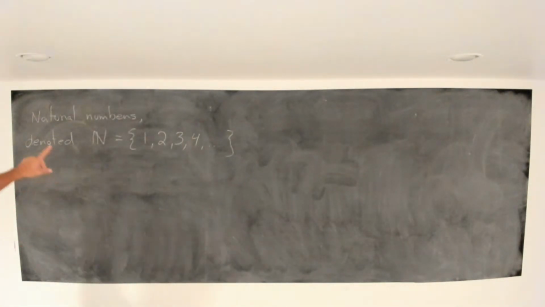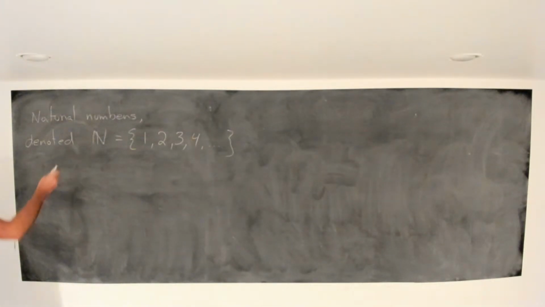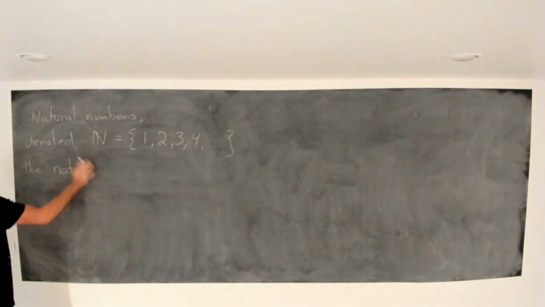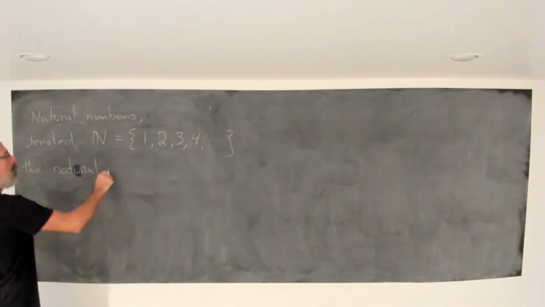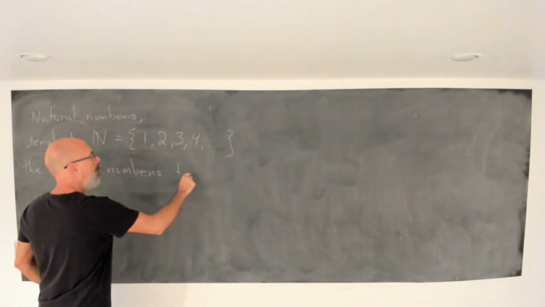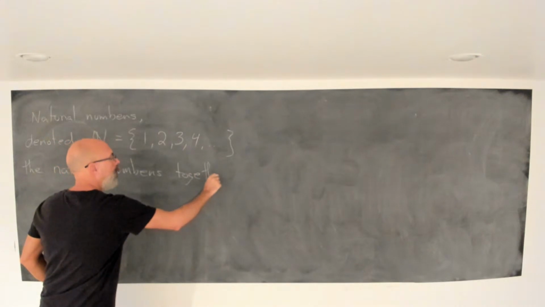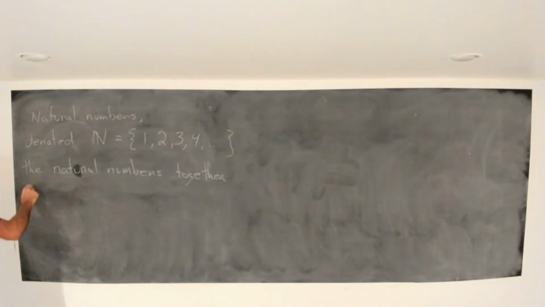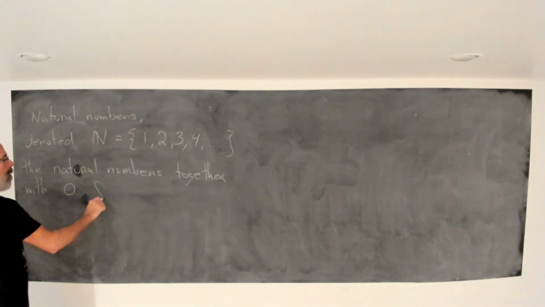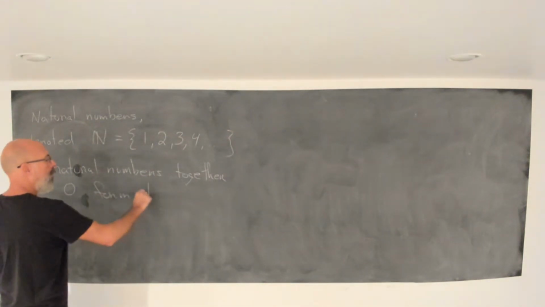If we throw in 0, the natural numbers with 0 form the whole numbers.